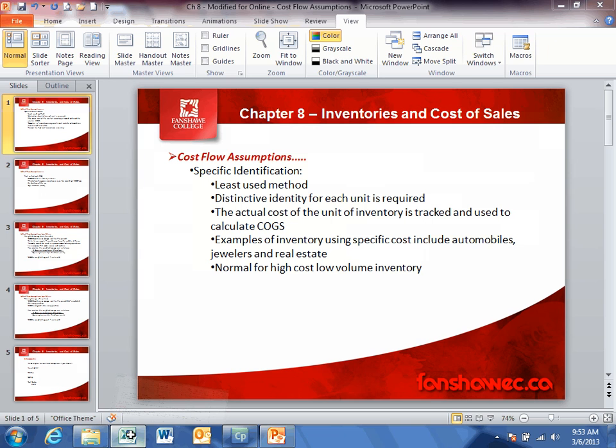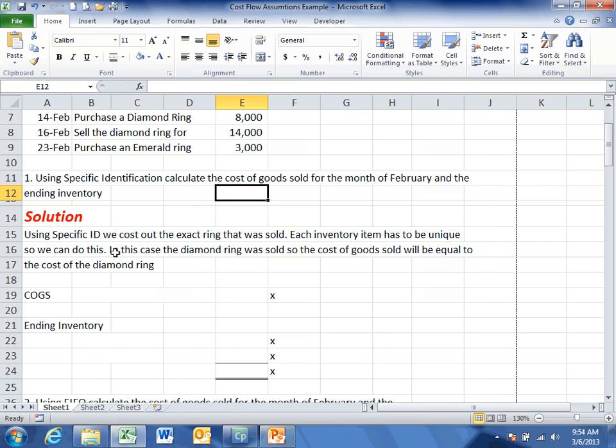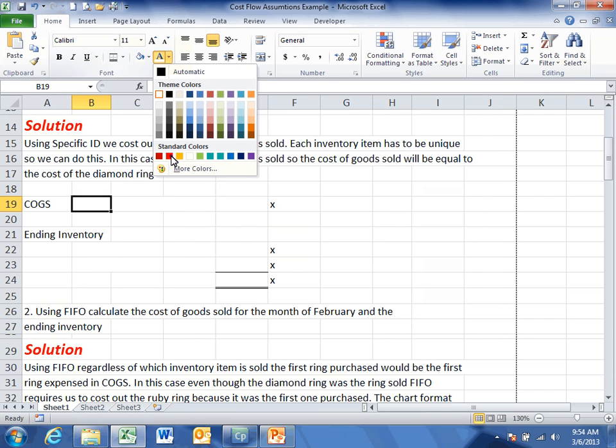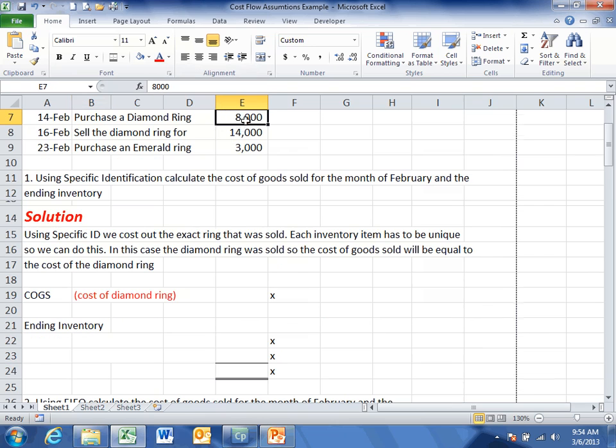So when we do our cost of goods sold calculation for the month, basically cost of goods sold is quite simply the value of the diamond ring. And if you look back up top, we purchased the diamond ring for $8,000. So my cost of goods sold would be $8,000. To calculate ending inventory, we just figure out what rings are left in ending inventory and assign their costs.